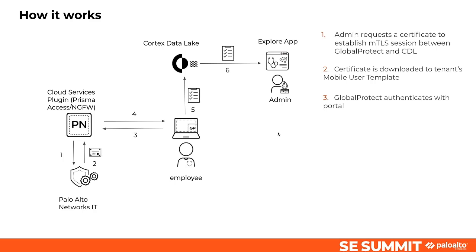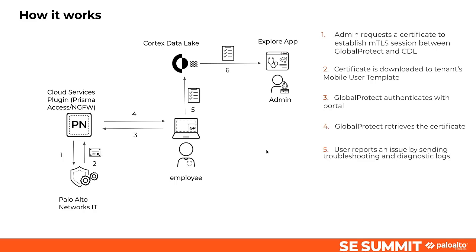GlobalProtect on the employee's endpoint then authenticates with the portal. It could be in an always-on config, or in an on-demand connect method. Upon successful authentication, GlobalProtect retrieves the certificate, which is required for establishing the mutual TLS session between Cortex Data Lake and GlobalProtect on the endpoint.